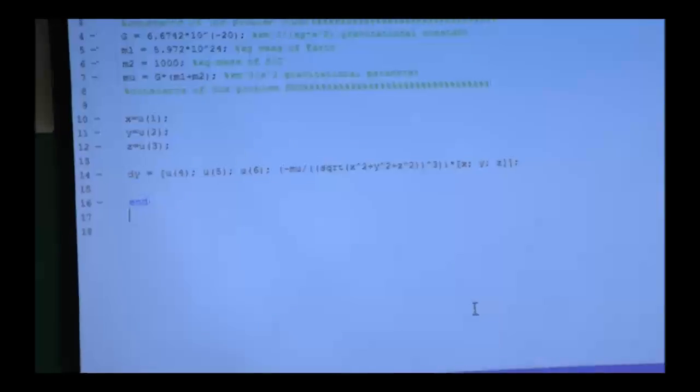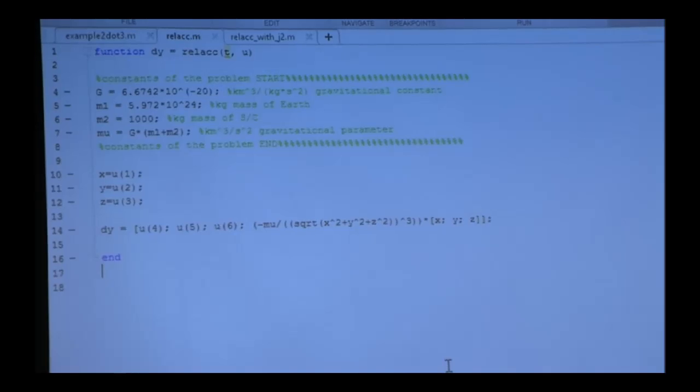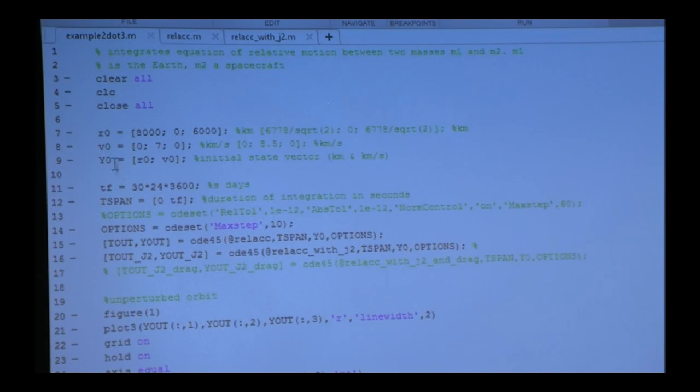So these are my equations of motion. These are differential equations, and outside I call them to integrate them starting from this y0, which is the initial position and velocity, and I tell the integrator to do it for this duration of time.